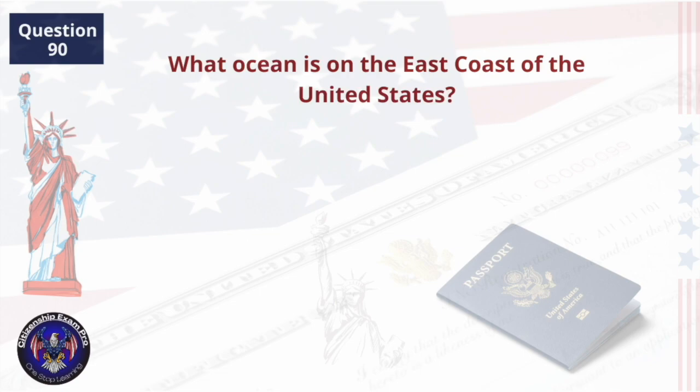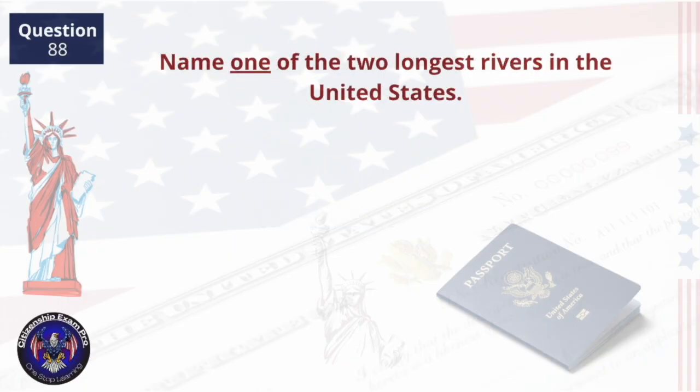What ocean is on the east coast of the United States? Atlantic Ocean. Name one of the two longest rivers in the United States. Missouri River.